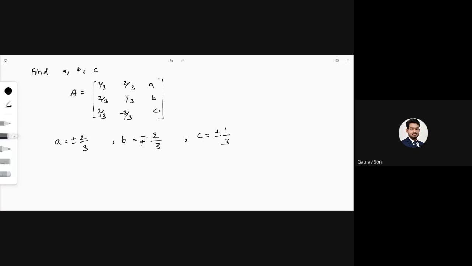What I mean by this minus plus is one of the solutions is 2 by 3, minus 2 by 3, 1 by 3. This is your A, this is your B, this is your C. And the other pair is minus 2 by 3, plus 2 by 3 and minus 1 by 3. Now you check out why this is so, and talk about it later.